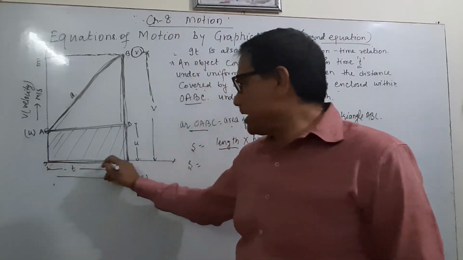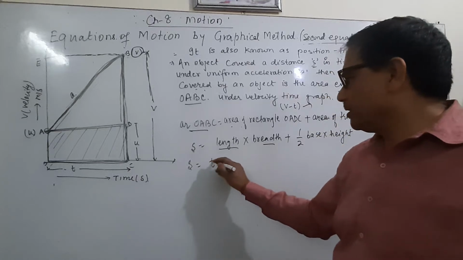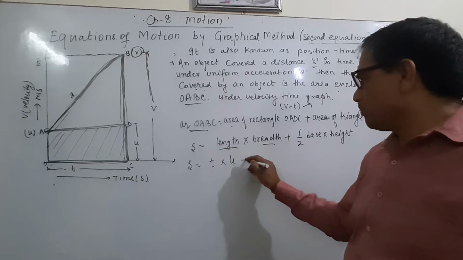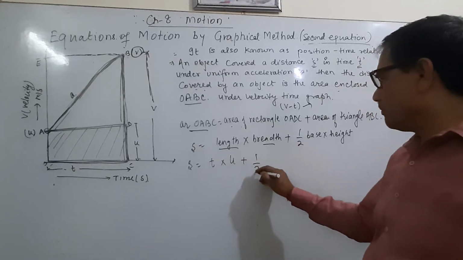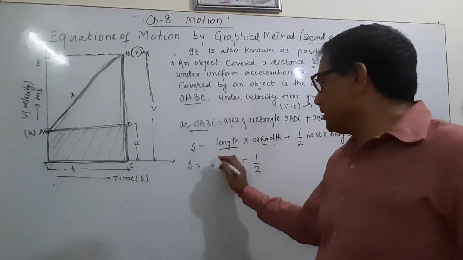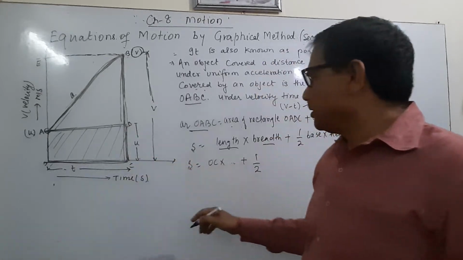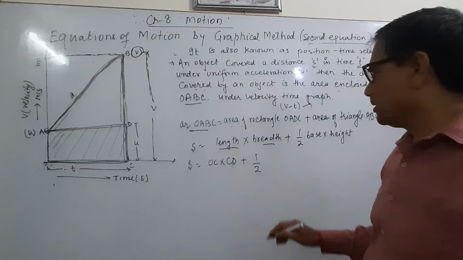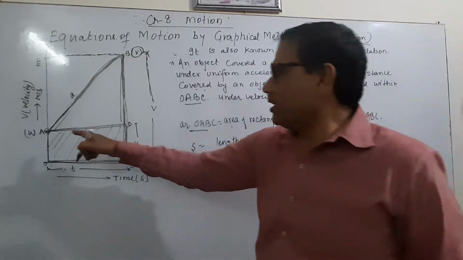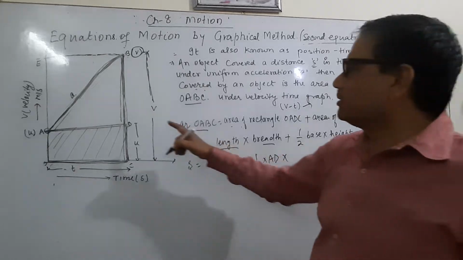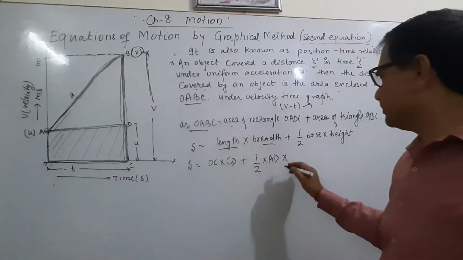We will take this x-axis. What is this? T. And what is breadth? Breadth is U. Plus half. What is base? First we will take OC into CD. Plus half. What is base? AD. Into height. What is this? BD.